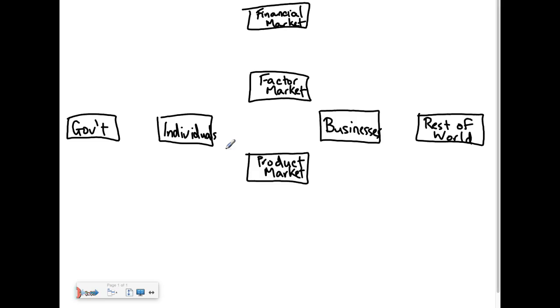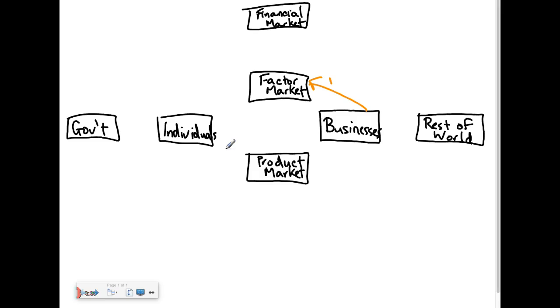If you remember from the simple circular flow, the circular flow is based on the idea that individuals own the factors of production. So individuals get most of their income from selling the factors of production. The individuals bring their factors of production to the factor market, which then sells to businesses.